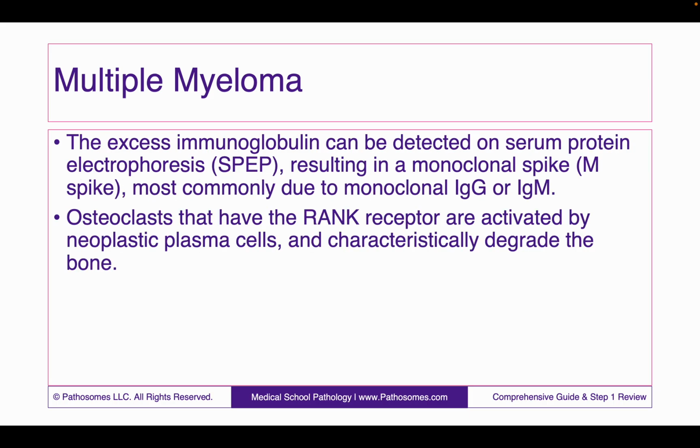The excess immunoglobulin can be detected using a test called serum protein electrophoresis, resulting in a monoclonal spike or an M spike, most commonly due to monoclonal IgG or IgM. Also note that osteoclasts that have the RANK receptor are activated by neoplastic plasma cells and characteristically degrade the bone.